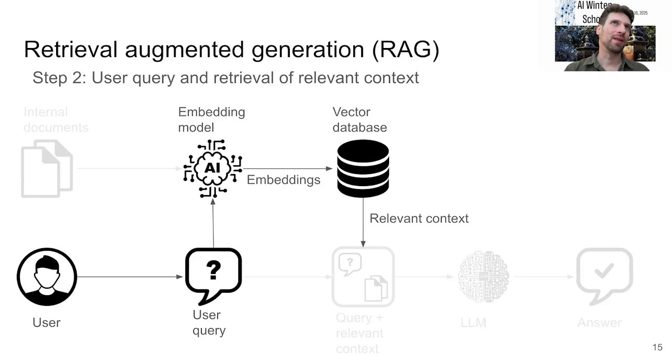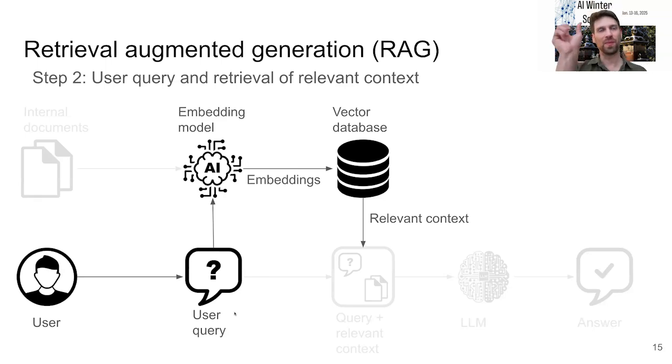The second step is you, as a user, want to ask a query of your LLM and RAG system. So you write a human language query, and you say, hey, what's the answer to this physics question that requires these internal documents I've provided? Your query is passed through the same embedding model.